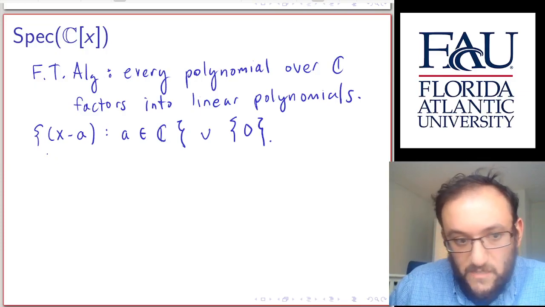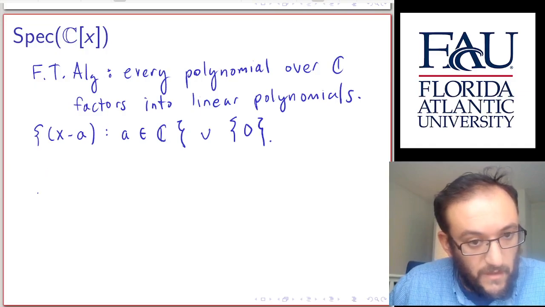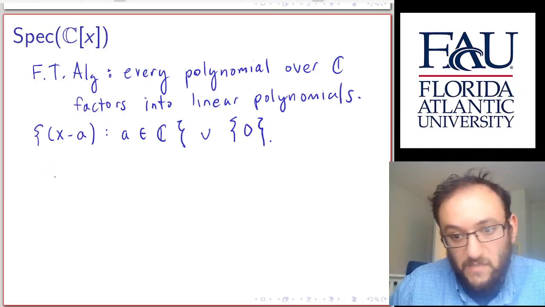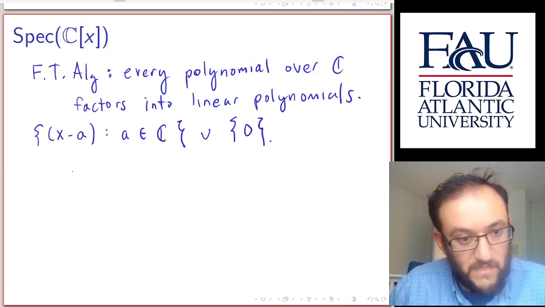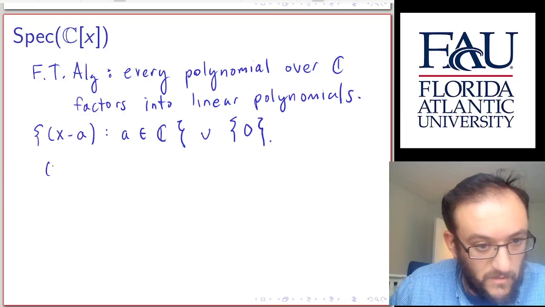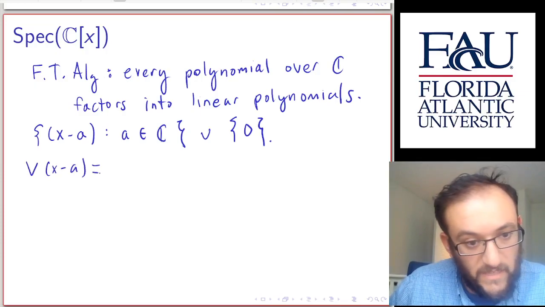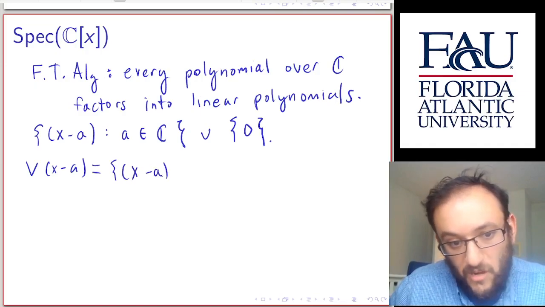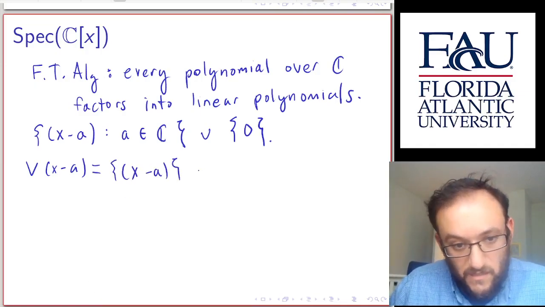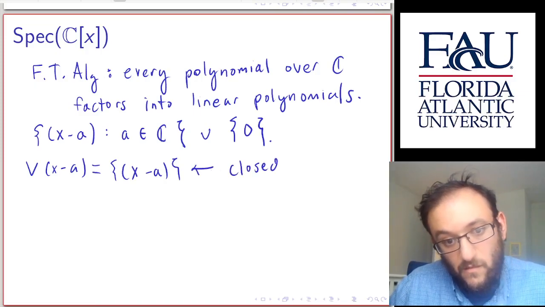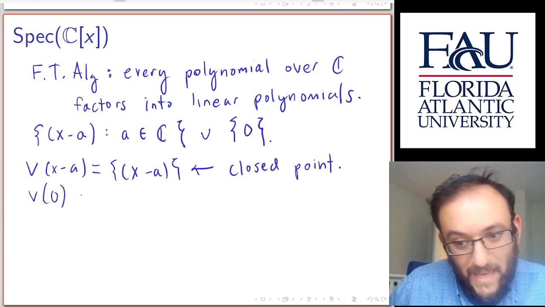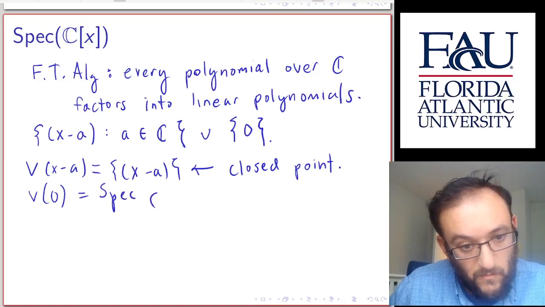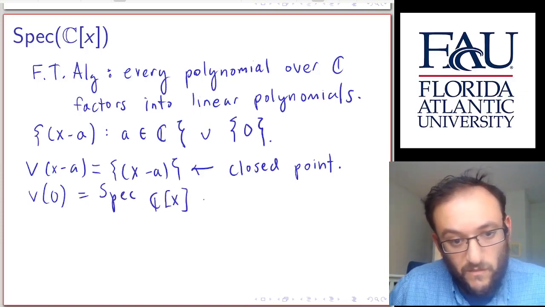Just as before with the primes, for any given linear polynomial, V of x minus a will be just the prime ideal generated by x minus a, so this is considered a closed point, whereas V of 0 will once again be the whole Spec. So this is not closed.